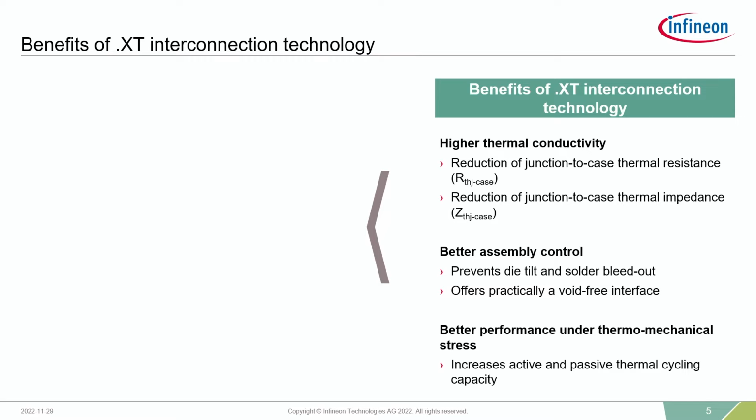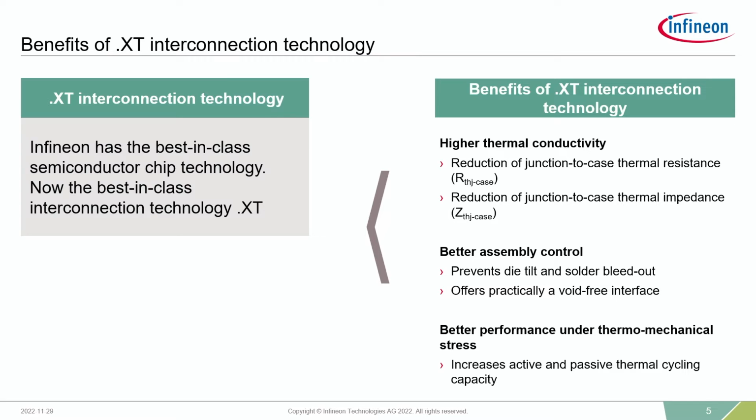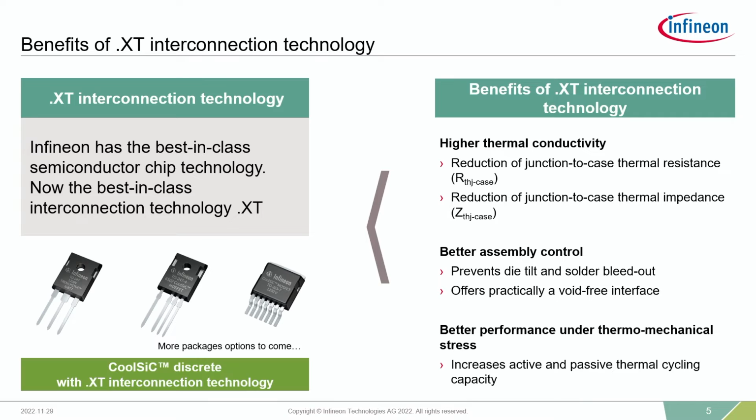With this, Infineon has best-in-class CoolSiC .XT interconnection technology, which is available in the TO247 3-pin package, the TO247 4-pin package, and the TO263 7-pin package, with more packages yet to come. Let's have a detailed look at each benefit of the .XT technology.